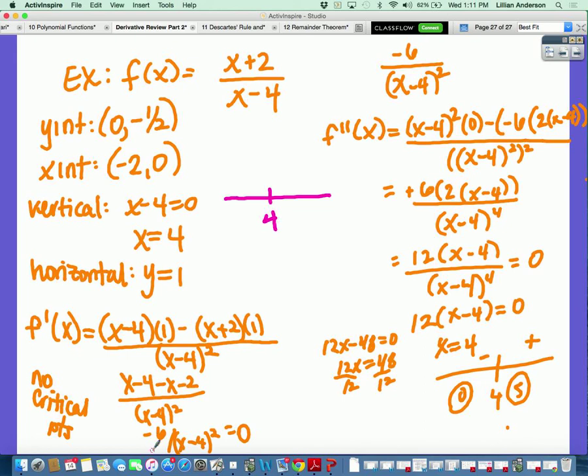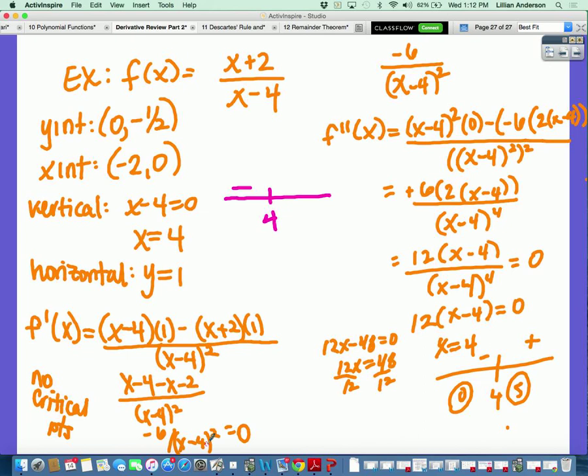When I plug in 0, do I get a positive or a negative? In the first derivative, negative. Negative 7 over 1, negative.